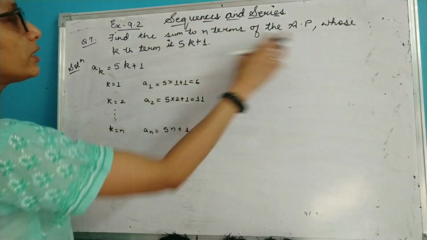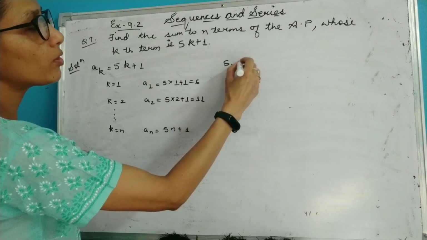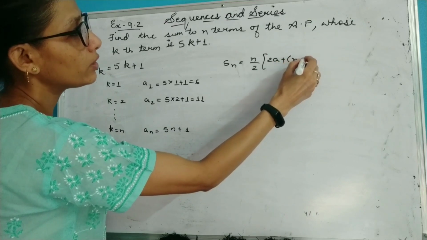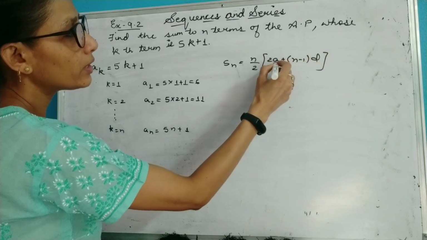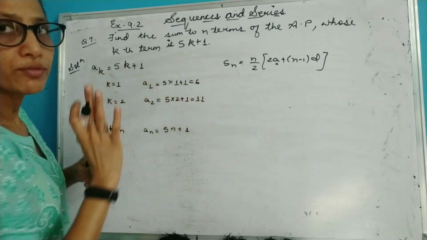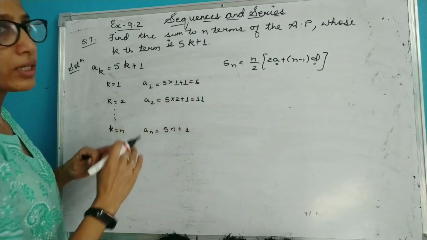Right? Now I need to find out the sum of n terms. So I know sum of n terms is given by n by 2, 2a plus n minus 1 into d. So I will be requiring here a, that means the first term. So I got my first term here, but then I will be needing my d also. So let's find out d first.